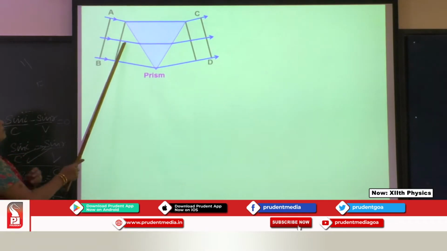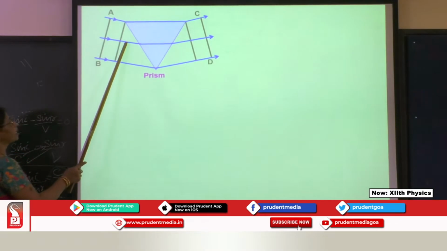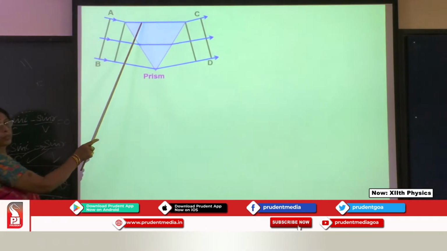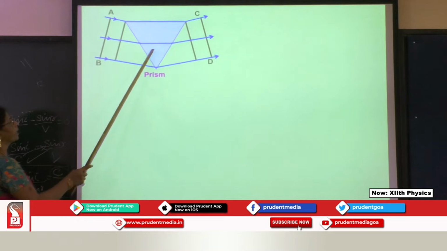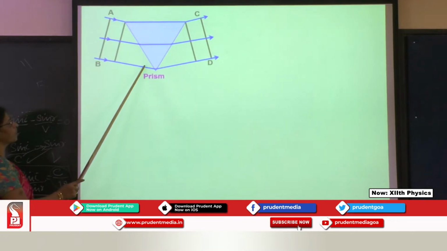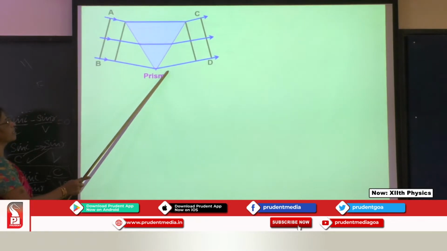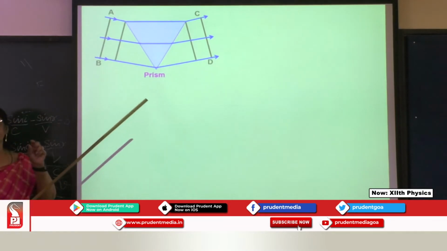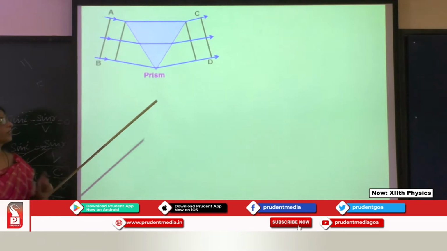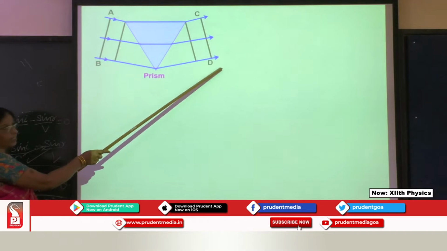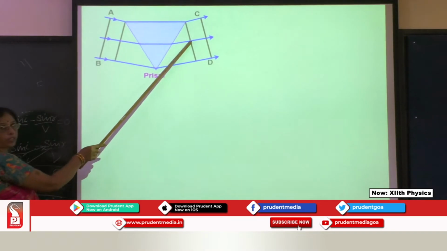So by the time this travels over here, when it reaches the surface, it has crossed only a small distance, and then it starts moving. But this portion was almost here when that one travels here. Since it has to travel a smaller portion in the prism, it emerges out faster. So in the same time it travels a longer distance, and another a shorter distance.